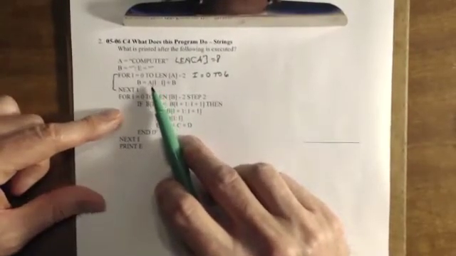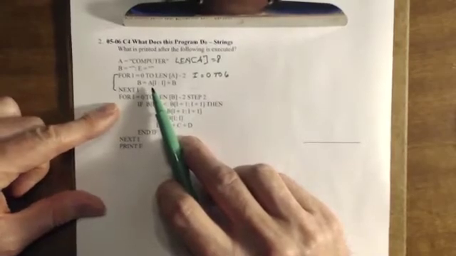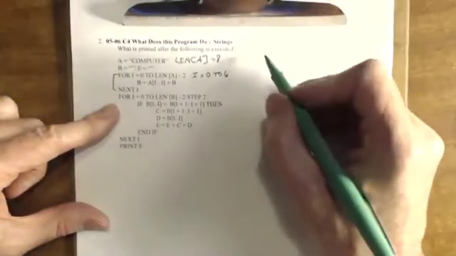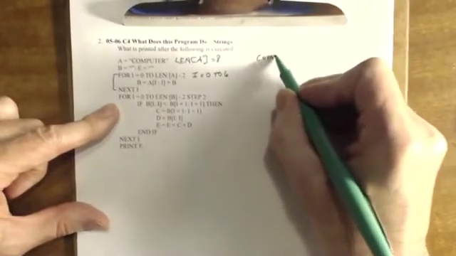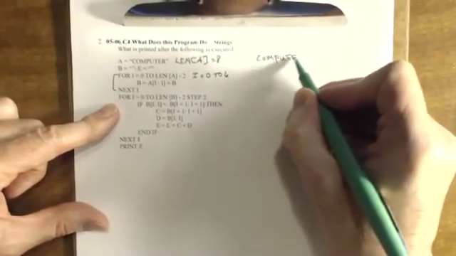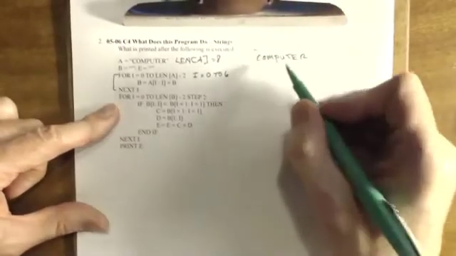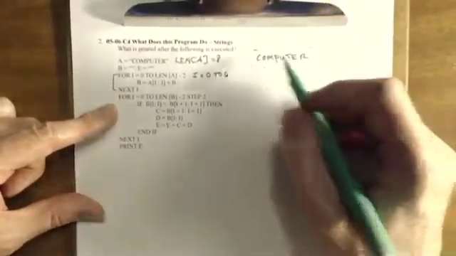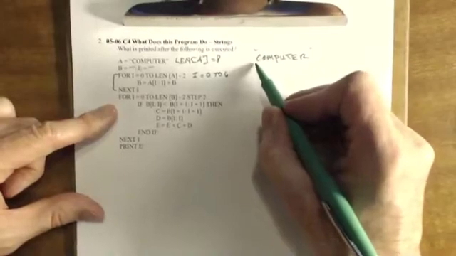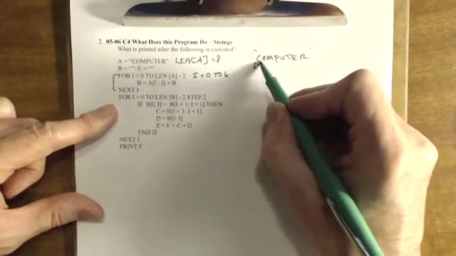And so what do we want? What is the 0th character of A? Well, if we look at the word computer, C-O-M-P-U-T-E-R, that's the value of our string. Since this is off by 1 numbering like C++ and Java, the 0 character is that first one.